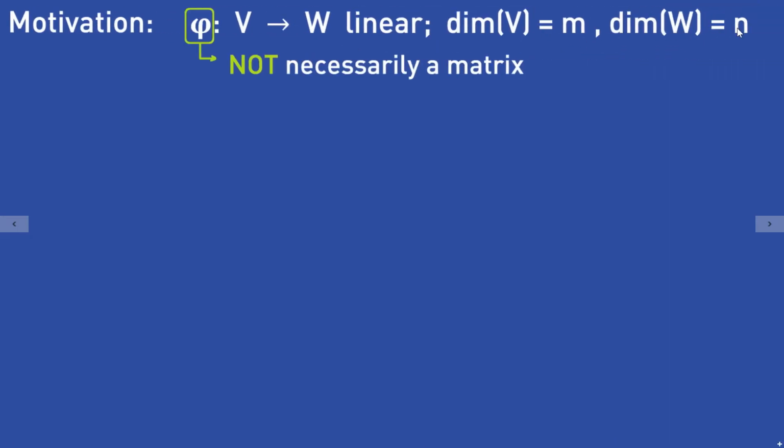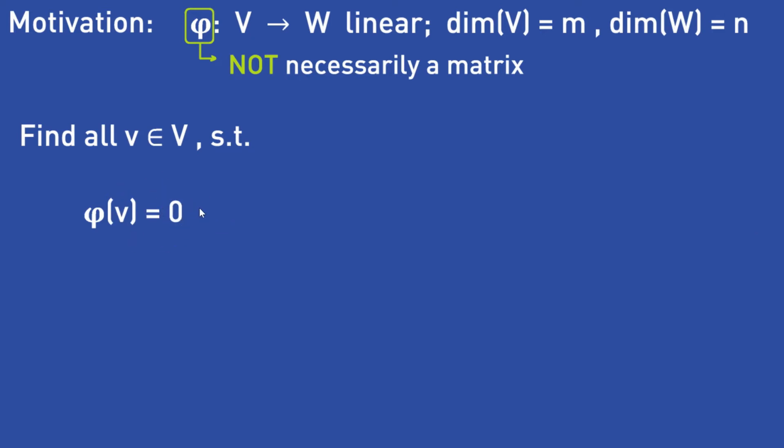That phi here does not need to be a matrix. It can be anything. Let's assume now that you want to find all these small v in the space capital V so that phi of small v is equal to 0.